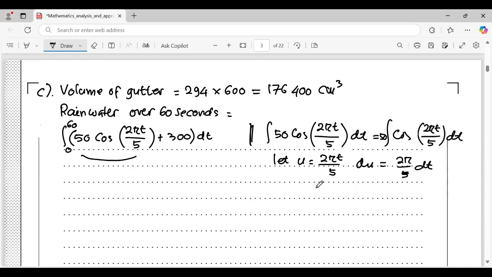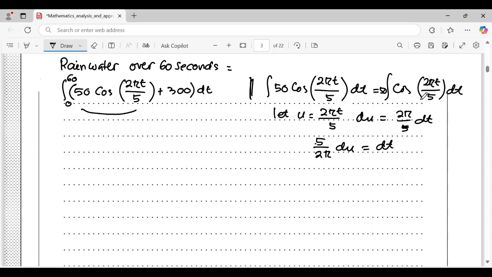So it means 5 over 2 pi du equals dt. So this integral we can write as 50 times the integral of cosine u du, but with 5 over 2 pi.